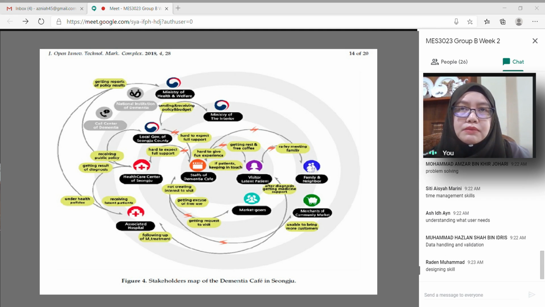So you can say the inner circle is the closely related or direct contact stakeholders. As it goes further out from the inner circle, the relationship becomes weaker and weaker, but sometimes they still need to be considered.